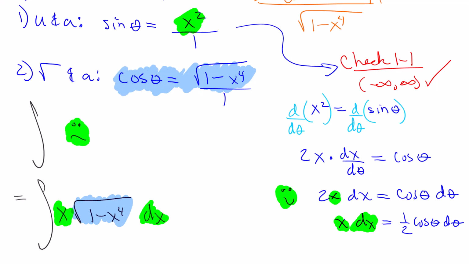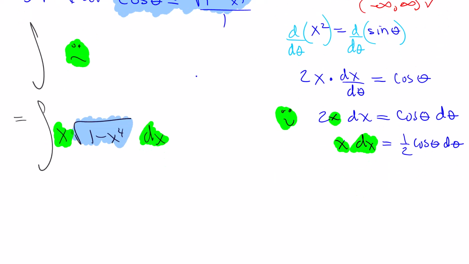So let's do this replacement and see if everything finishes off nicely. This will then turn into the integral of, so instead of the x dx, we're going to replace that with a 1/2, which I'll put out front, and then cosine theta d theta. But let me slide things over because we have a little bit more to put in there.